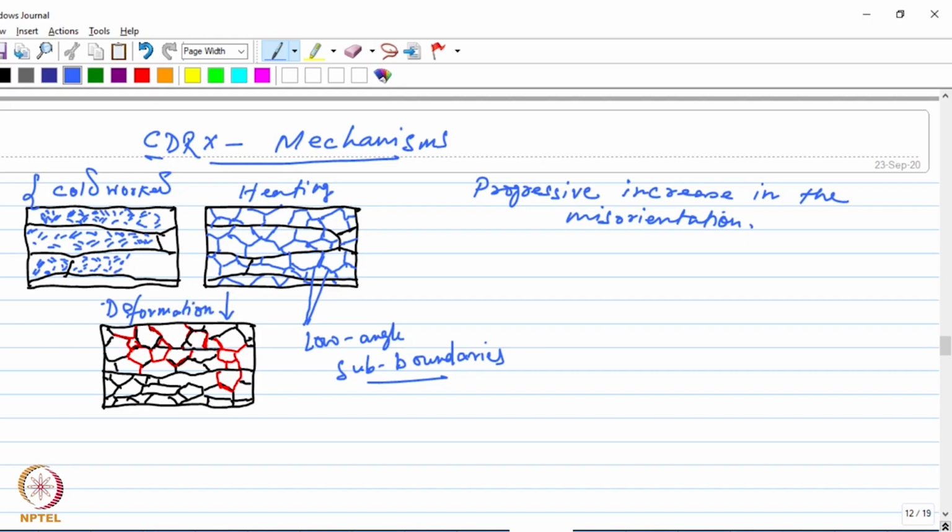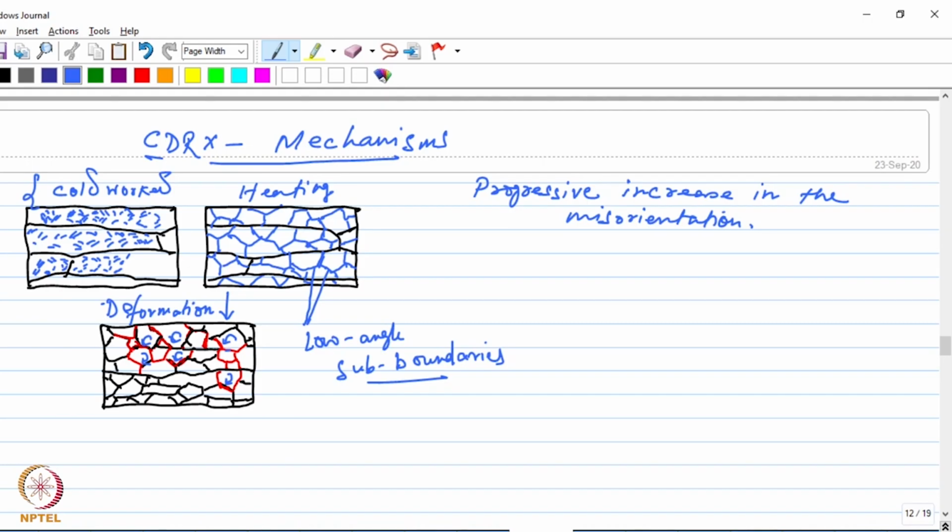So as you deform the material, more dislocations will be generated and will be absorbed in these boundaries, and the misorientation across these will increase, and it will also involve some kind of lattice rotation, which will eventually lead to conversion of these subgrain boundaries into high angle grain boundaries.